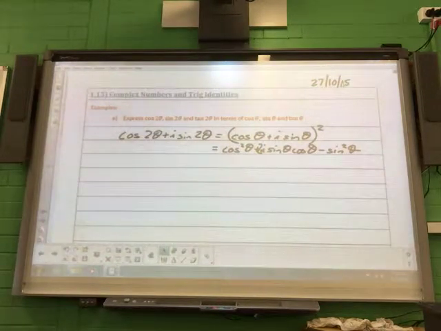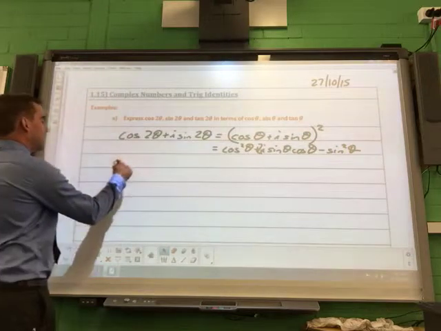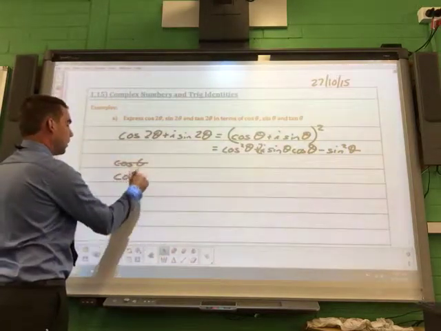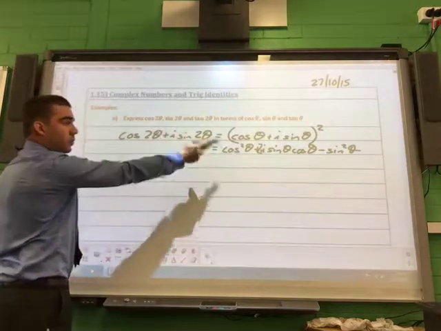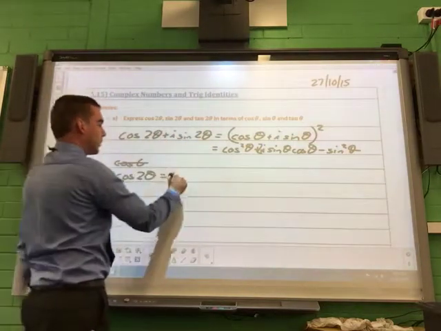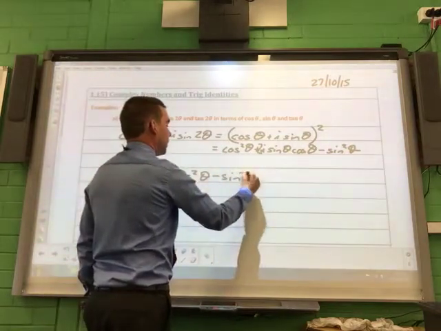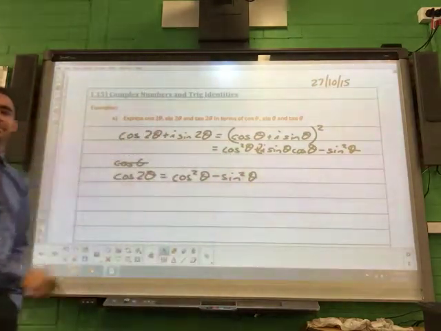Okay, and we match the real parts and the imaginary parts. So cos 2 theta is going to equal the real part of that side: cos squared theta, take away sin squared theta.